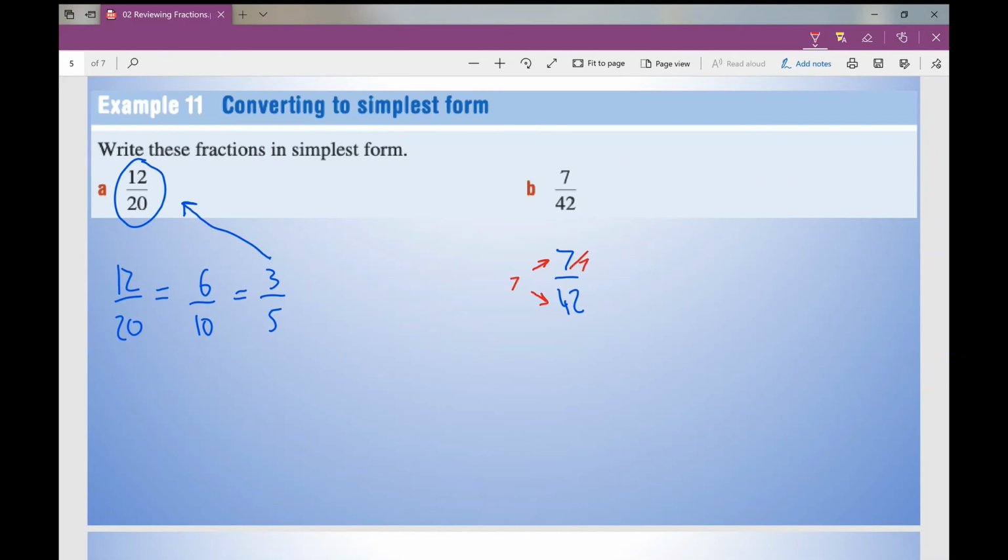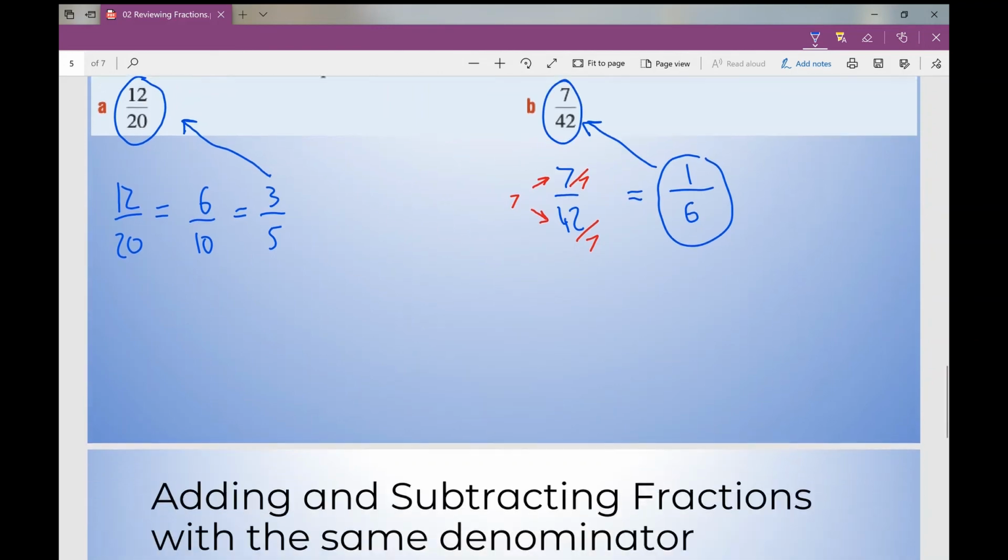We're going to divide 7 by 7 and we're going to divide 42 by 7. And what we're going to end up with, 7 divided by 7 is just 1, and 42 divided by 7 is actually 6. So this is the simplest form of this fraction here, because we can't make this any smaller than it already is.